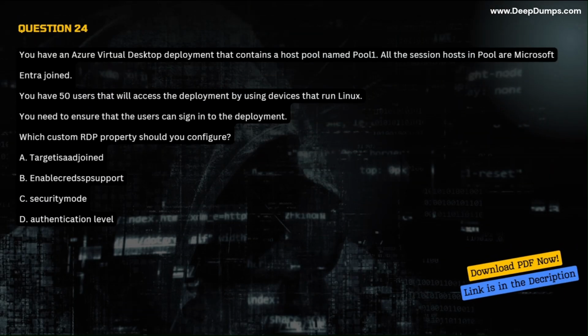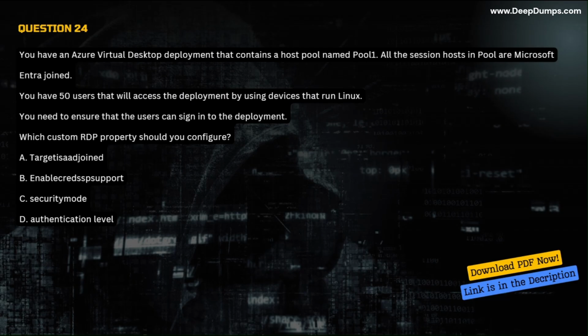Question 24. You have an Azure Virtual Desktop deployment that contains a host pool named Pool1. All the session hosts in Pool1 are Microsoft Entra joined. You have 50 users that will access the deployment by using devices that run Linux. You need to ensure that the users can sign into the deployment. Which custom RDP property should you configure?